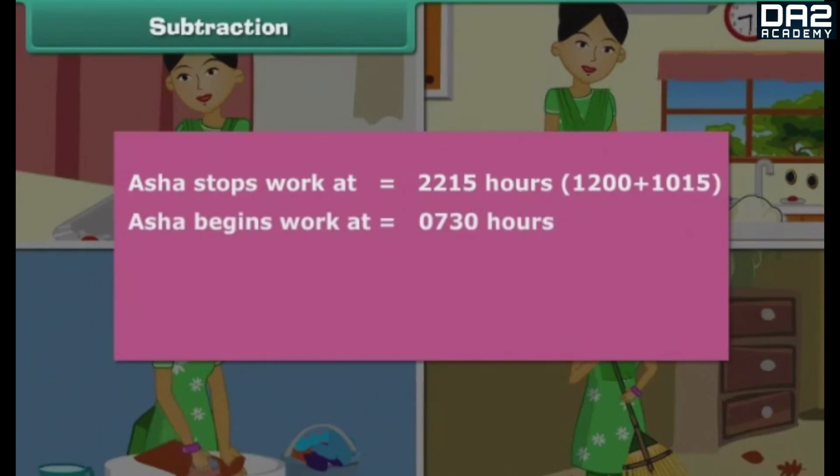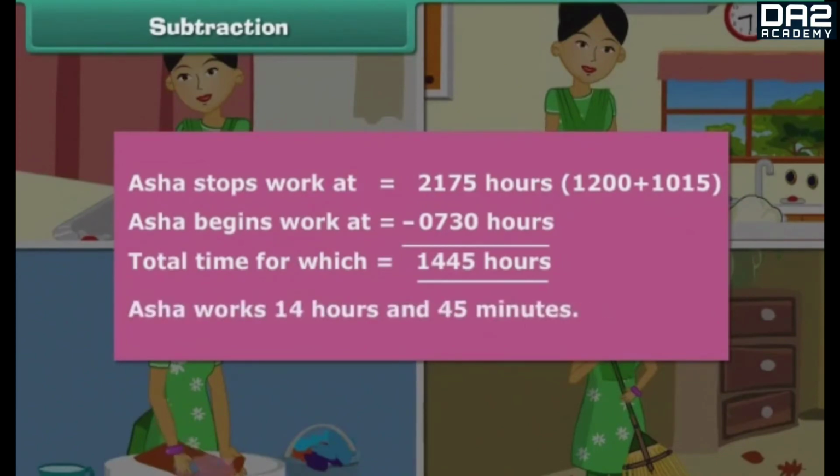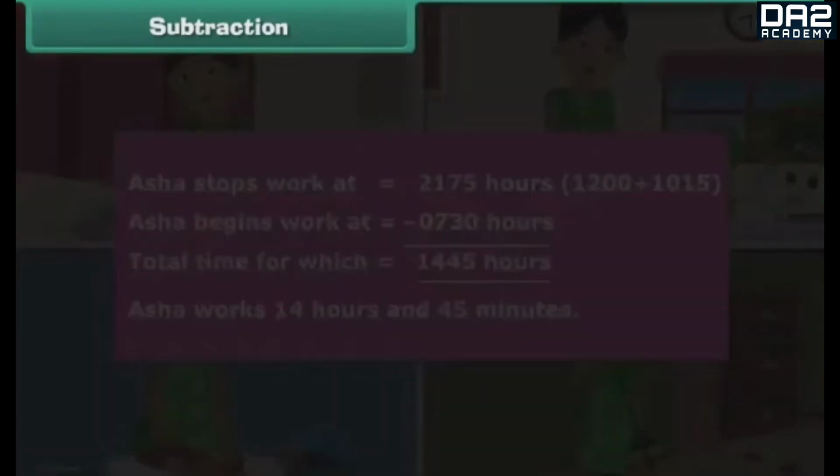Asha begins work at 0730 hours. We cannot subtract 30 from 15, so we borrow an hour. We add 60 minutes and subtract 1 from hours. Let us subtract now. Therefore, Asha works 14 hours and 45 minutes.